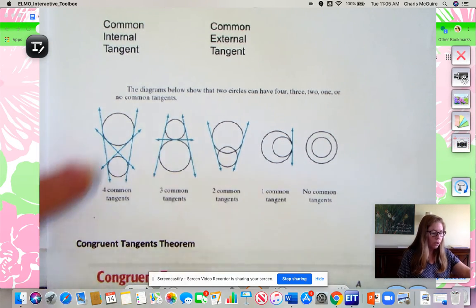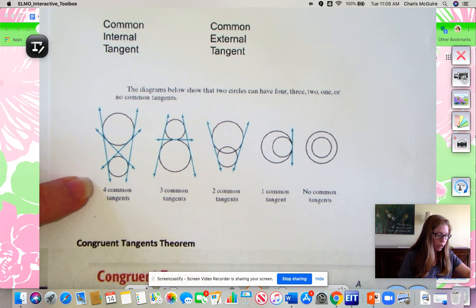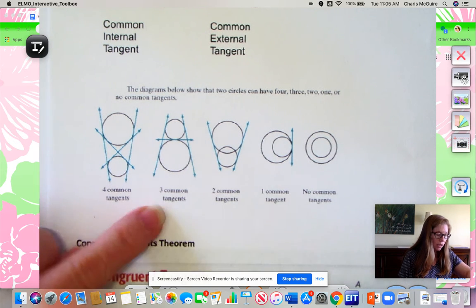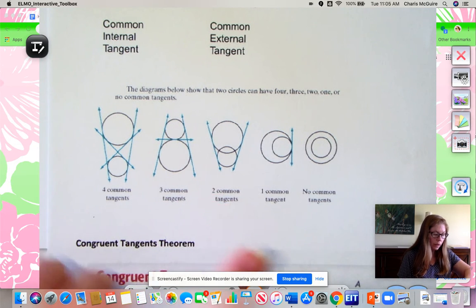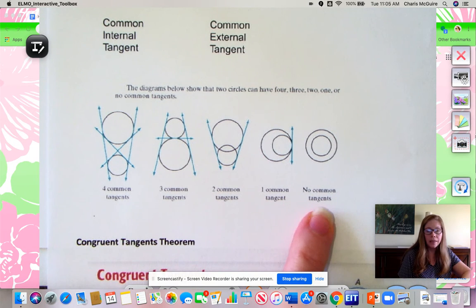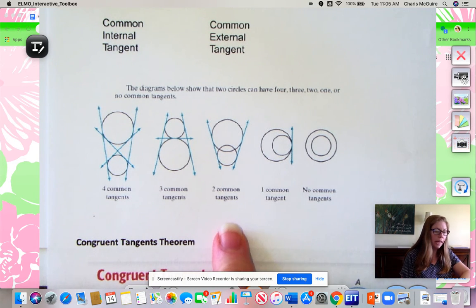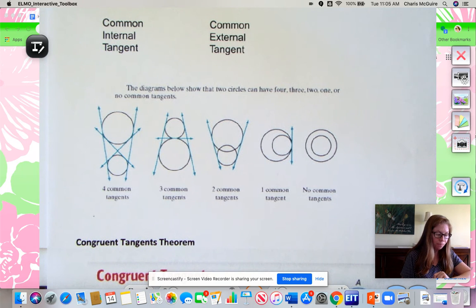So these two circles have quite a few different common tangents. These ones only 3, these only 2, these only 1, and then these are concentric circles. We looked at those at the beginning of the year, no common tangents. So just a little heads up for some things that you might look for when dealing with tangents and common tangents.